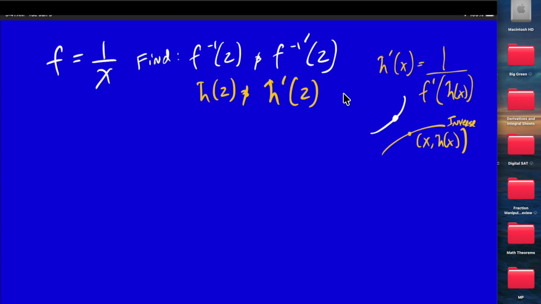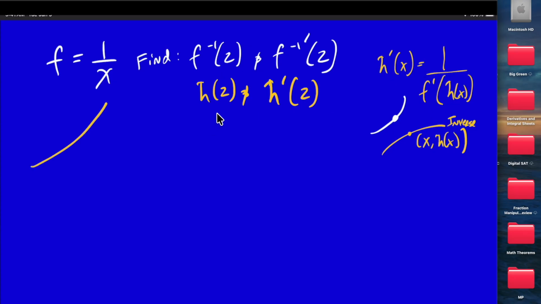Okay, and I'm going to keep this little diagram and this formula in my mind, that h prime of x, the derivative of the inverse at a point x on the inverse, is 1 over f prime of the output. Okay, now let's first do this one, which really doesn't involve our formula.